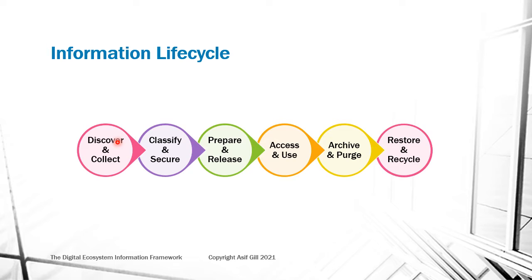So really, we can discover and collect the information from our environment, and then we can classify and secure the information, and then prepare and release the information for use, which is having access to information and then using it. And once we have used it, then we can archive and purge it, and once it's purged, it can also be restored and recycled. So there is no such thing as information deletion or generation in the information lifecycle, which I will discuss a little bit more in the further slides.